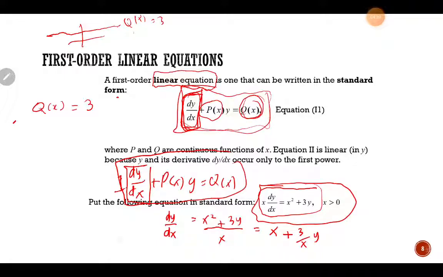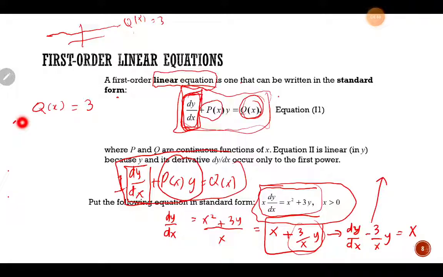So here we have dy over dx. Okay, this is p(x)y, so you may bring this term to your left hand side, and you will get minus 3 over x y equals x. See? We just rearranged the equation, bringing one of the terms to the other side.